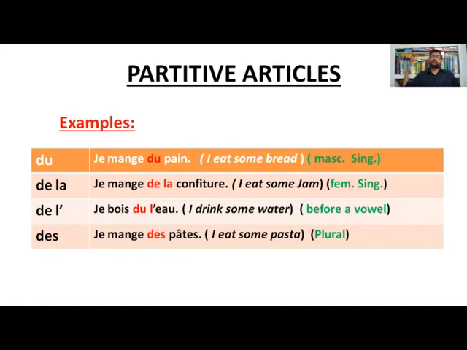You can say 500 grams like this. But here a plural noun is used, and also an uncountable noun is used. So when you want to say I eat some pasta, you say je mange des pâtes.